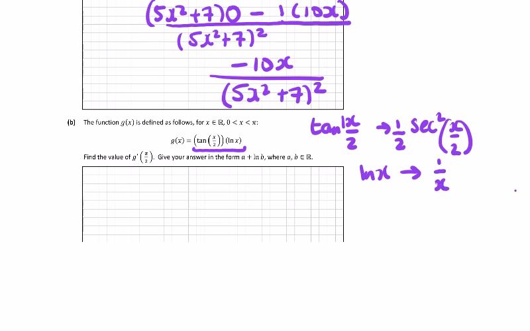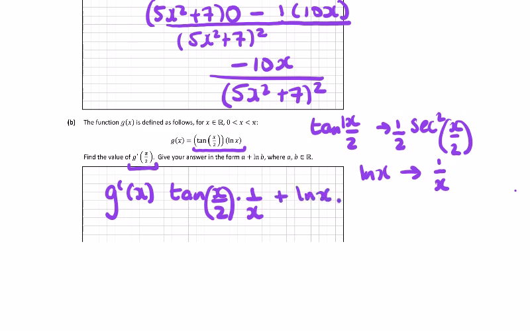So we want g prime of pi over 2. So g prime x first. The first, tan x over 2, by the second differentiated, which is 1 over x, plus the second, ln x, by the first differentiated, which is a half sec squared x over 2. So that's g prime x.